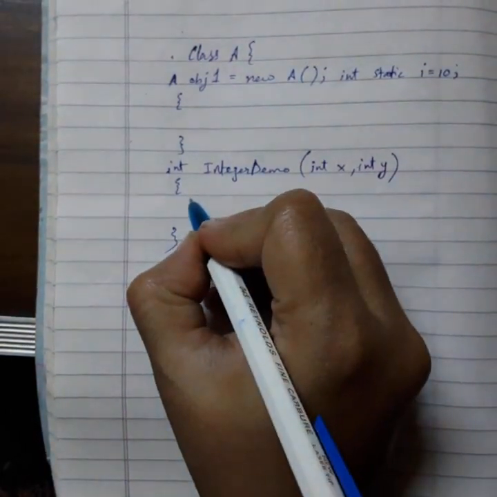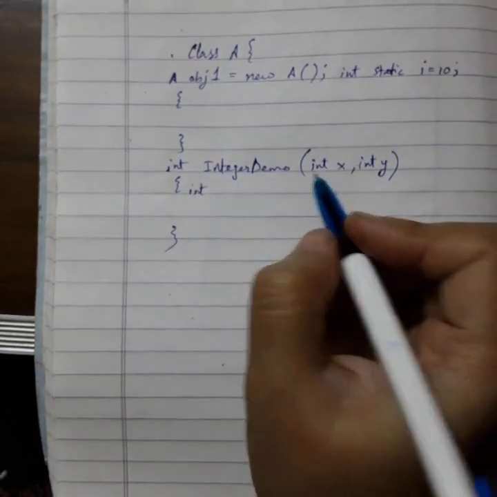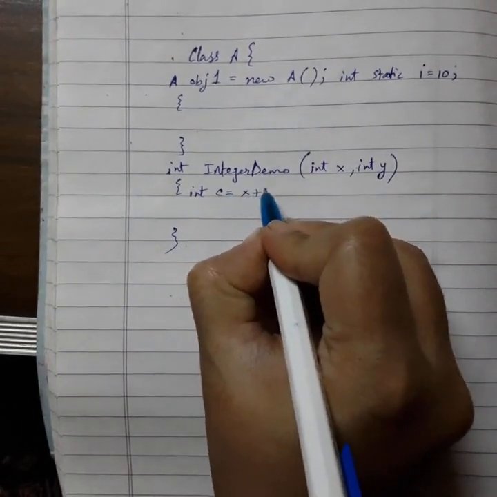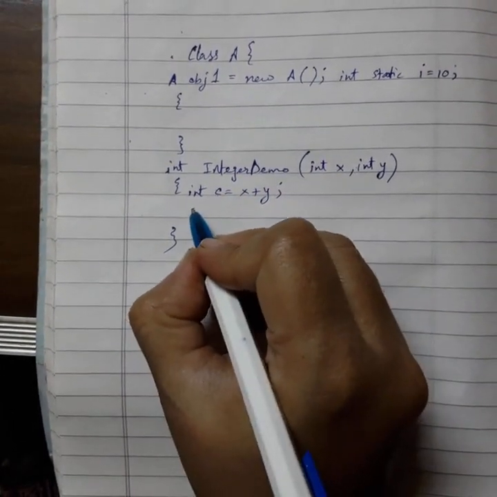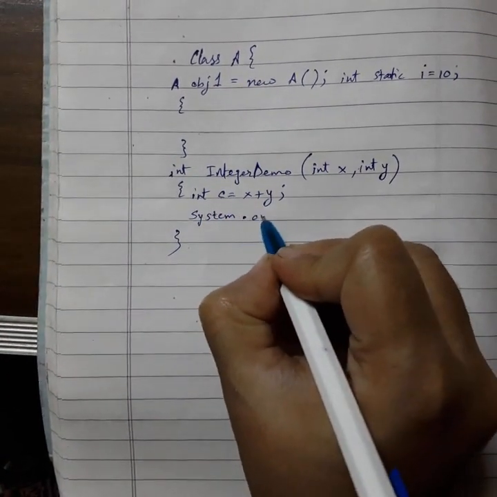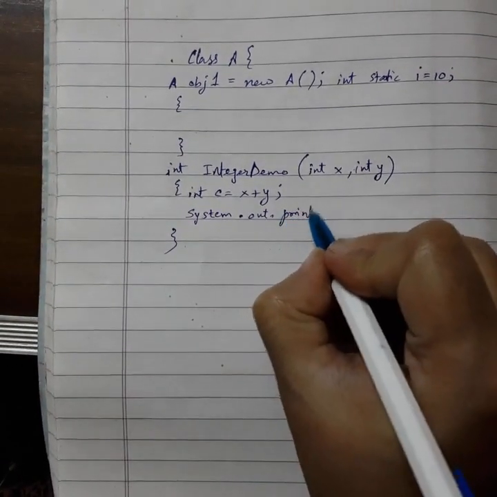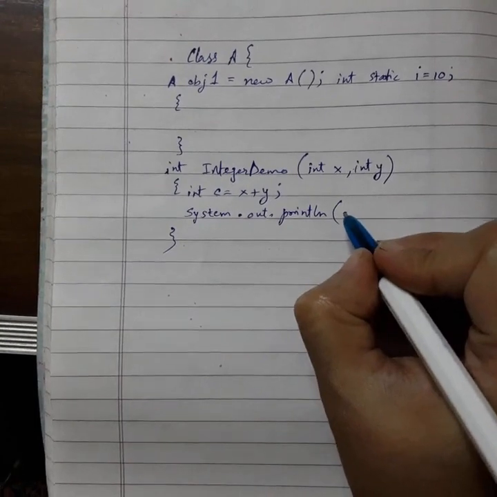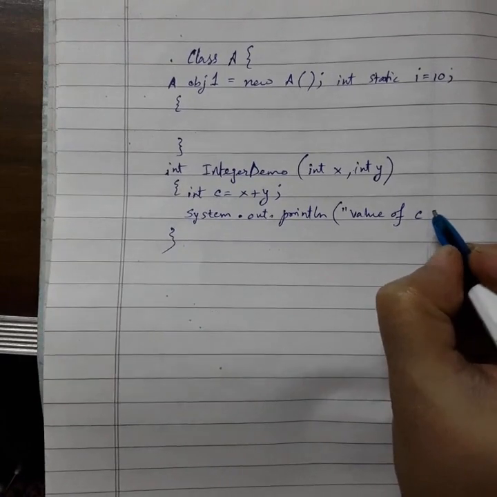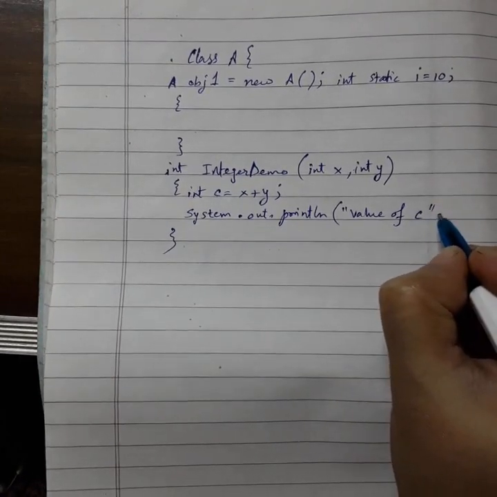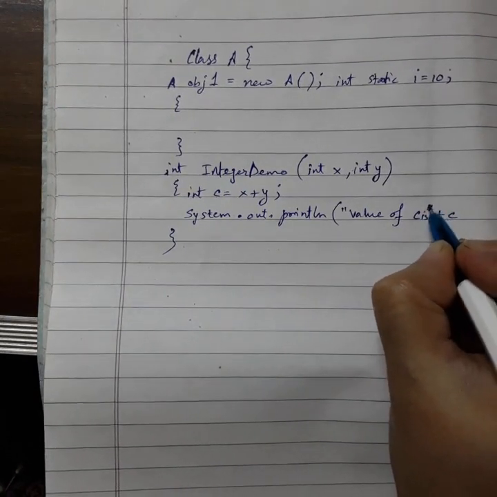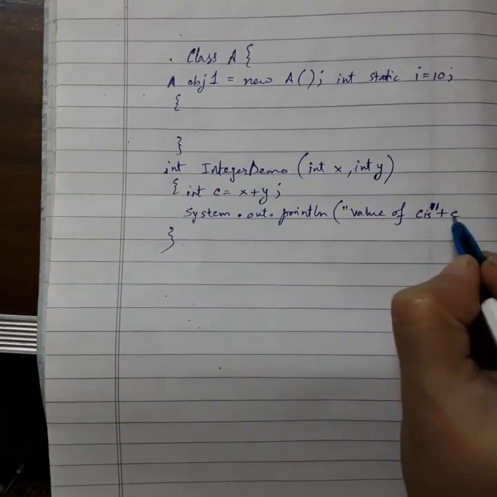Say we print the value of x plus y, say int c equal to x plus y, and we print this. We display the value. For that we write System.out.println, value of c is plus c.